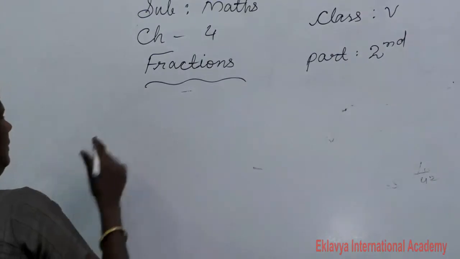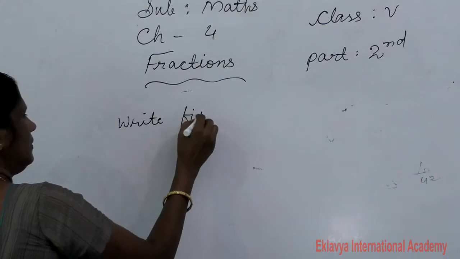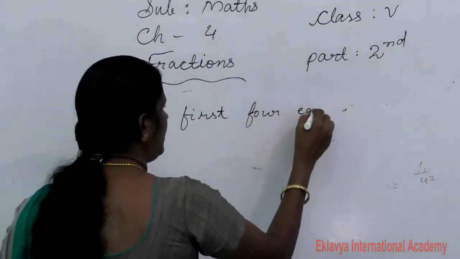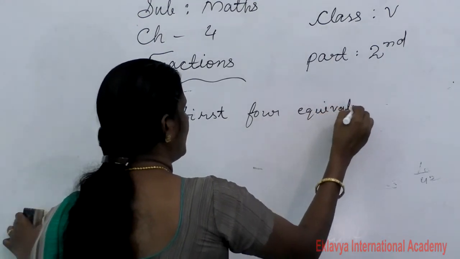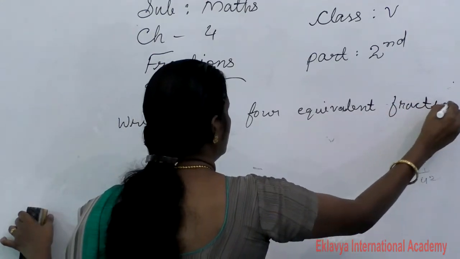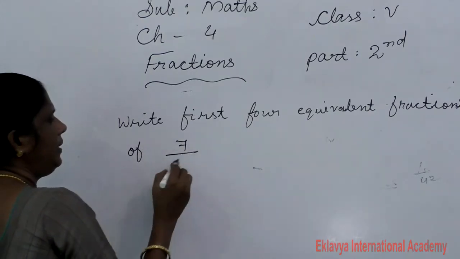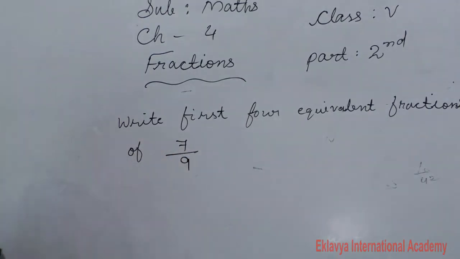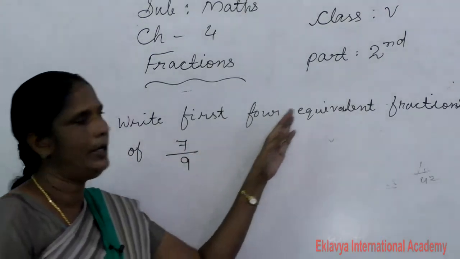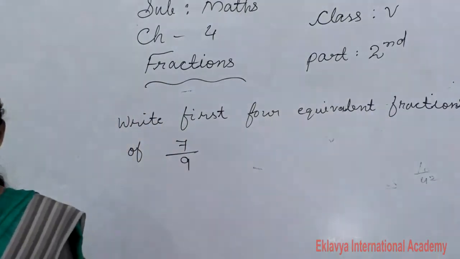Write first 4 equivalent fractions of 7 by 9.